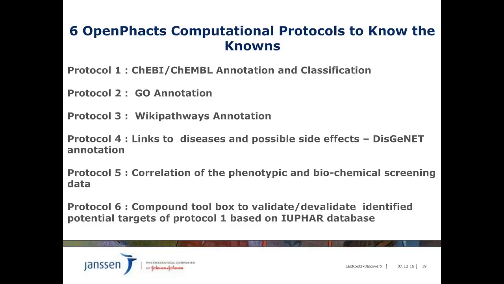Protocol 4 provides the link to disease and possible side effects for the proteins which are hit. And Protocol 5 provides a correlation between phenotypic and biochemical screening data. Protocol 6 identifies the compound toolbox to validate or devalidate identified potential targets of Protocol 1 based on the IUPHAR reference database.